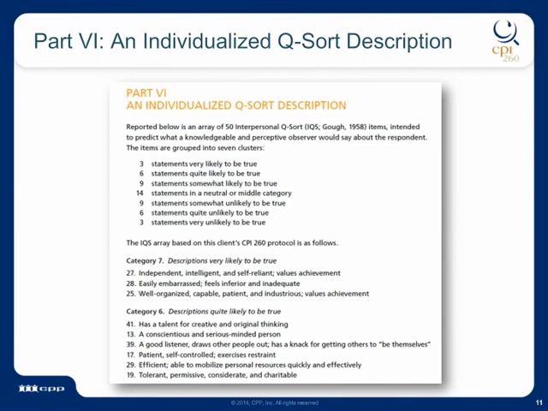Part 6 of the Configural report presents an all-new addition to the interpretive and descriptive information for the CPI 260 assessment, an empirically based interpersonal Q-sort for your client's specific CPI 260 results. Harrison Gough developed the deck of 50 cards in the Q-sort, with each card containing a unique descriptive statement about interpersonal behaviors and style.